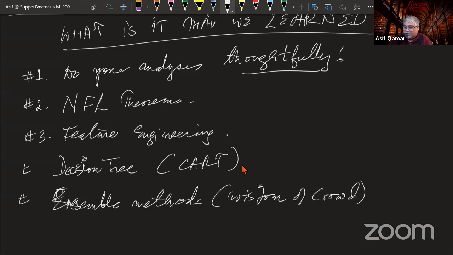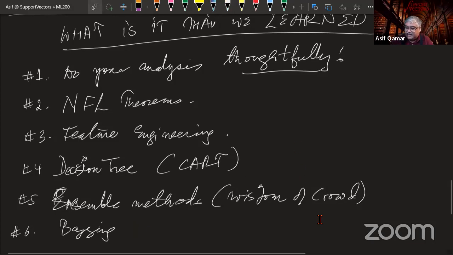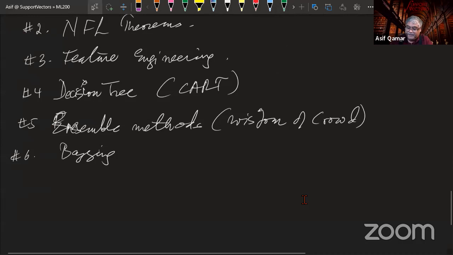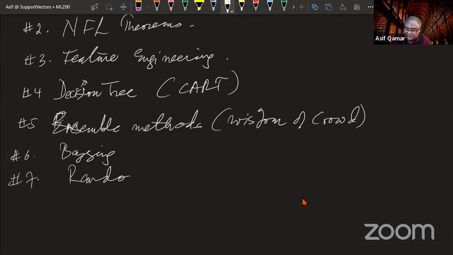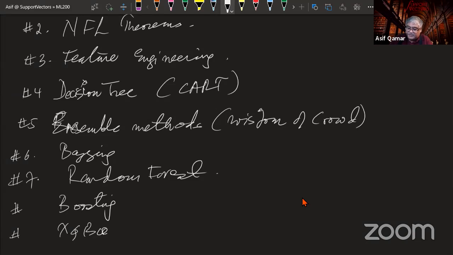I hope I drilled the whole idea pretty well into you with all the quizzes and so forth that we did. We did bagging, and an illustration of bagging that we did was random forest. We did boosting, and an illustration of that we did XGBoost.